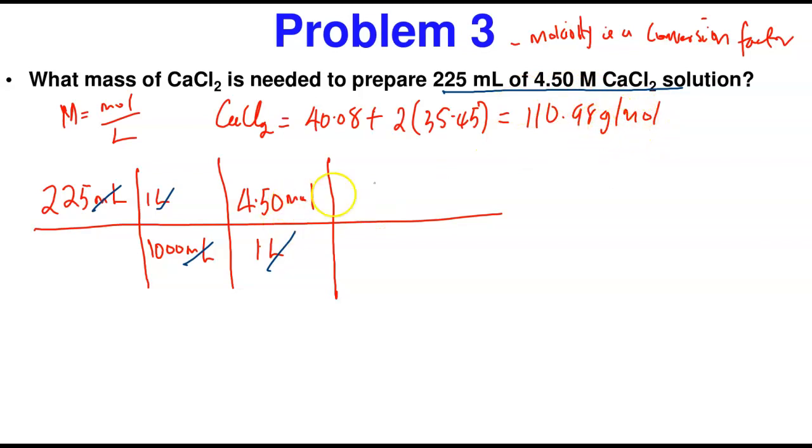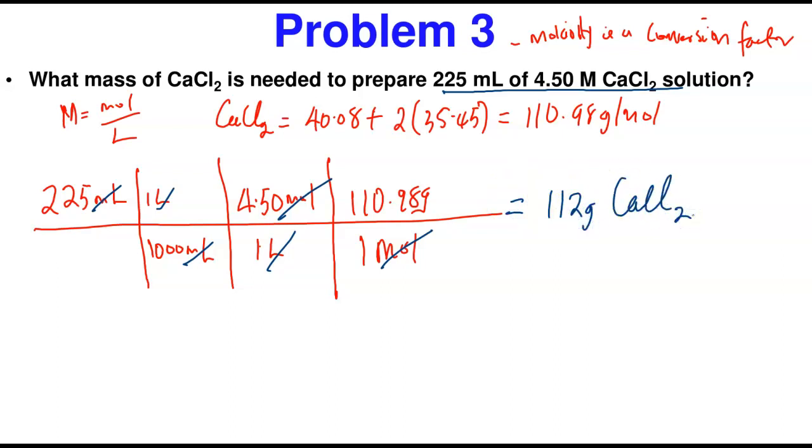To cancel moles, my moles have to be on the bottom, which is exactly this. So this is going to be 111.98 grams over 1 mole. Again, we cancel moles. And if you multiply everything together, you're going to be left in grams. And so the answer is going to be 112 grams of calcium chloride. That's exactly what you do.